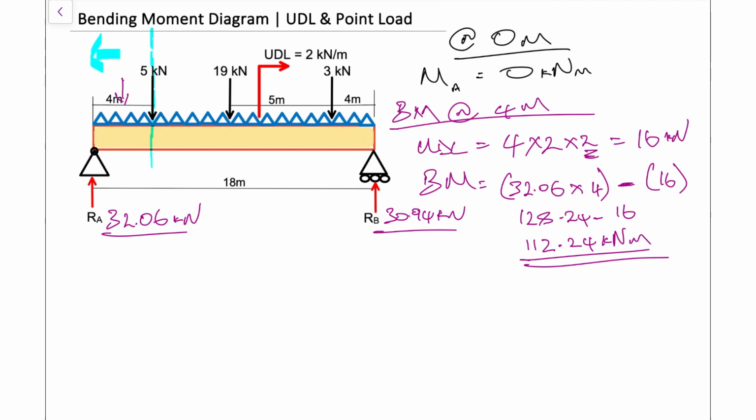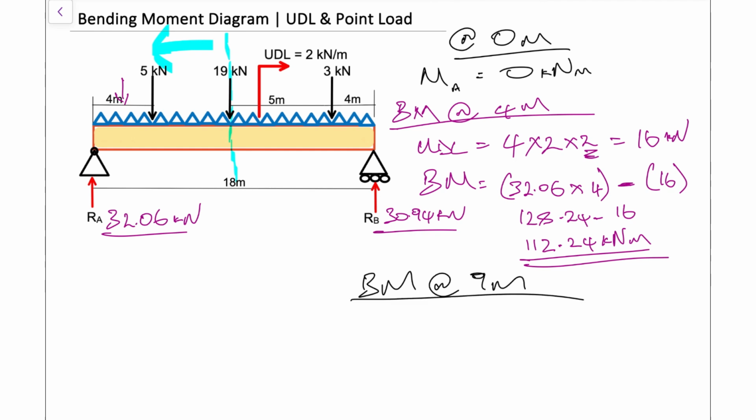So we are now going to go across to the next force there, and that's at the 19 kilonewtons mark right here. And once again, what we're interested in is everything that's happening to the left of that 19 kilonewtons. So for our calculations now, the bending moment in this instance is at 9 meters.